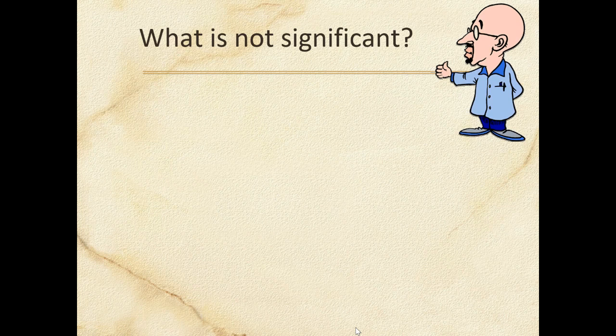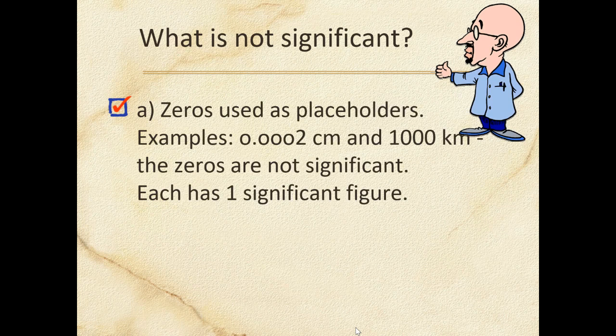Numbers that are not significant: zeros that are used as placeholders are never significant numbers. So zeros can be used as placeholders in decimals, and they can be used as placeholders in large numbers. So in the example 0.0002, the zeros, because they come between the decimal place and the number, are counted as placeholders.